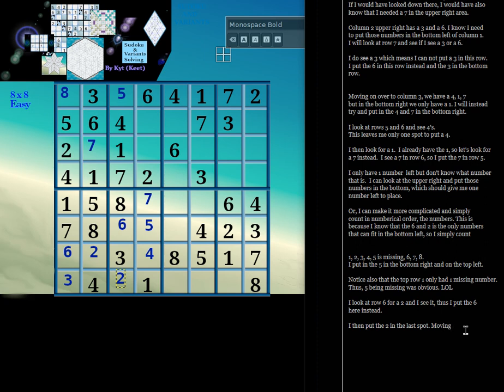Moving to column 4, I need to place the 8 and the 3. I do not see an 8, but I do see a 3.